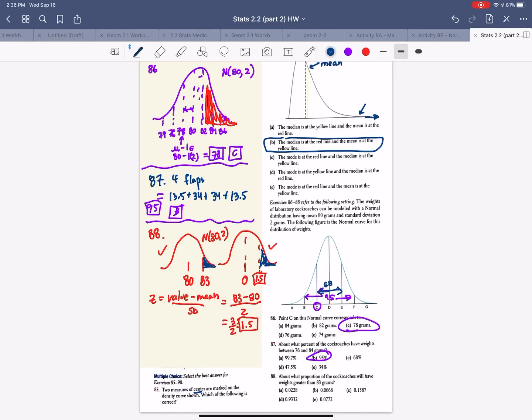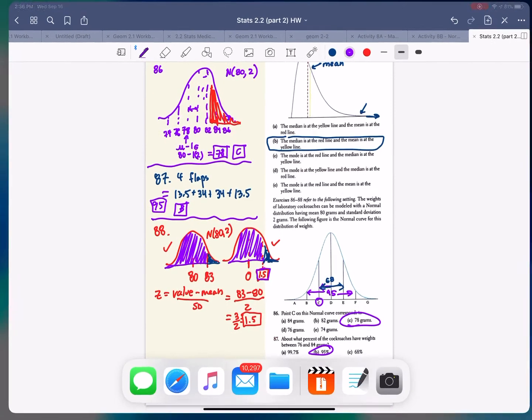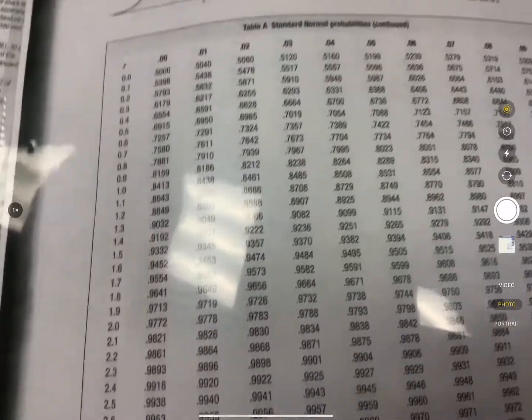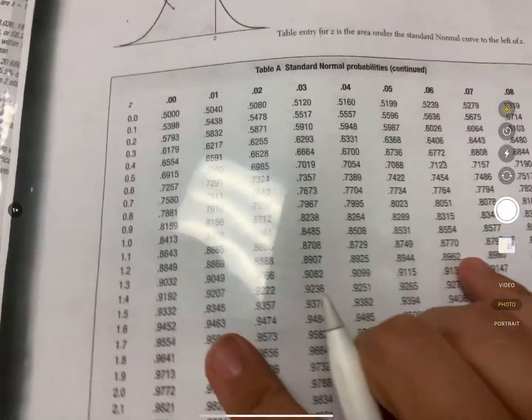It's the same shape, but my table A would tell me the area to the left. So the z-score table will tell me the area to the left of 1.5. So let's take a look. 1.5.